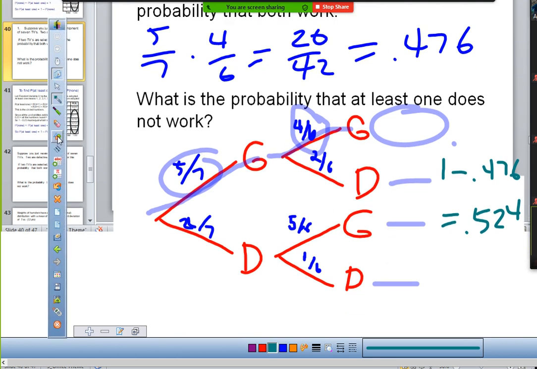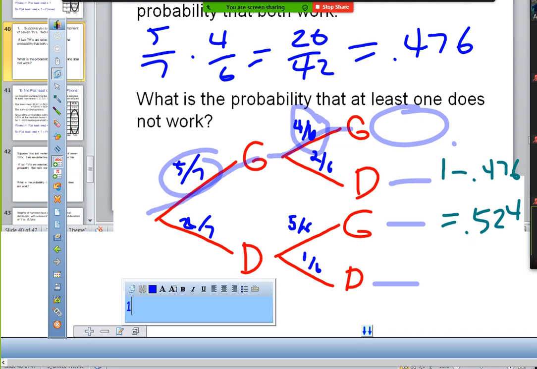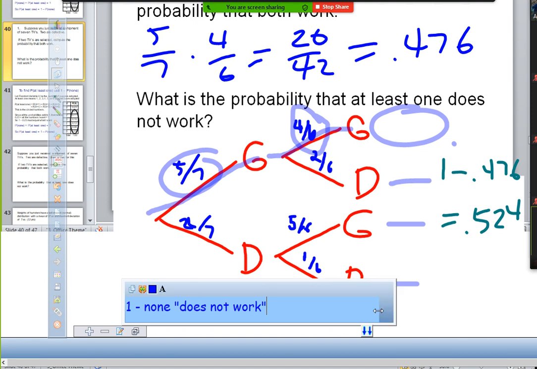And the way to kind of think about it if you want to is at least one does not work. So that's sort of like saying 1 minus none does not work, right? Because you want at least one. At least one does not work. I would just replace that at least one with none. So if none do not work, that's the same as saying 1 minus the probability that they all work.